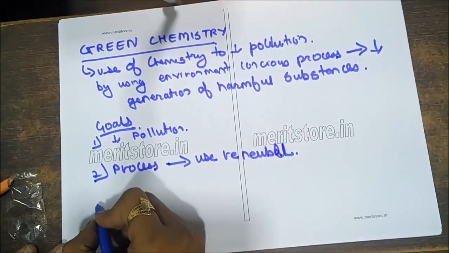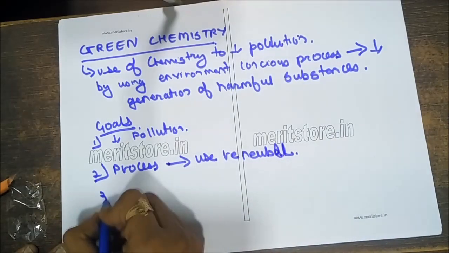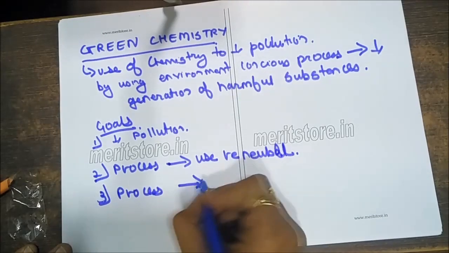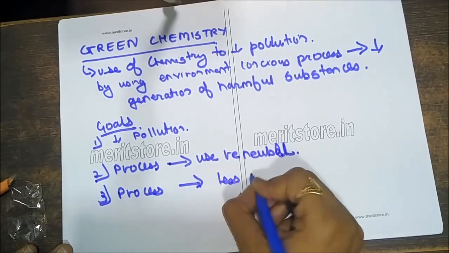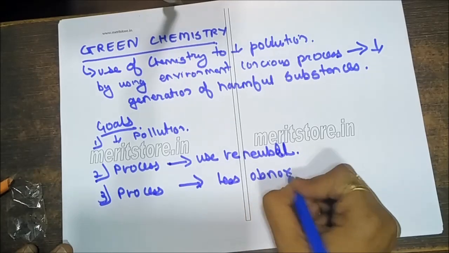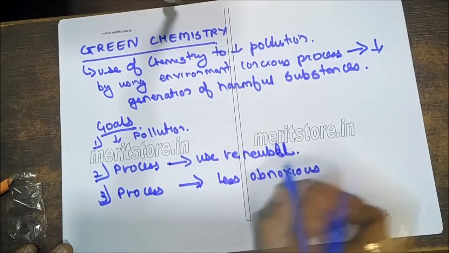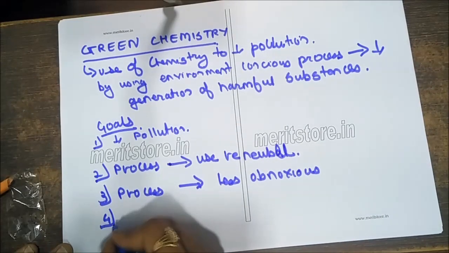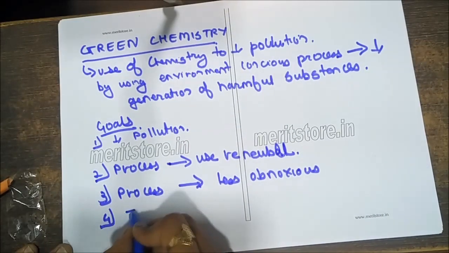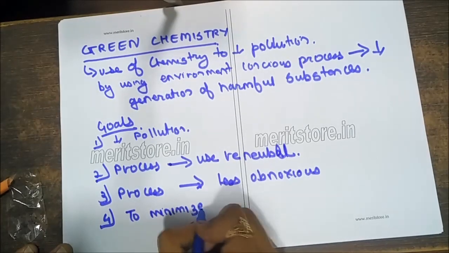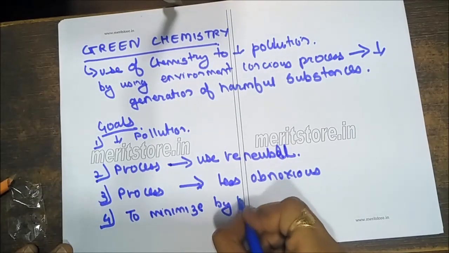Next is to use processes which would be less obnoxious in terms of the waste that is released. And the last is to minimize the byproducts.